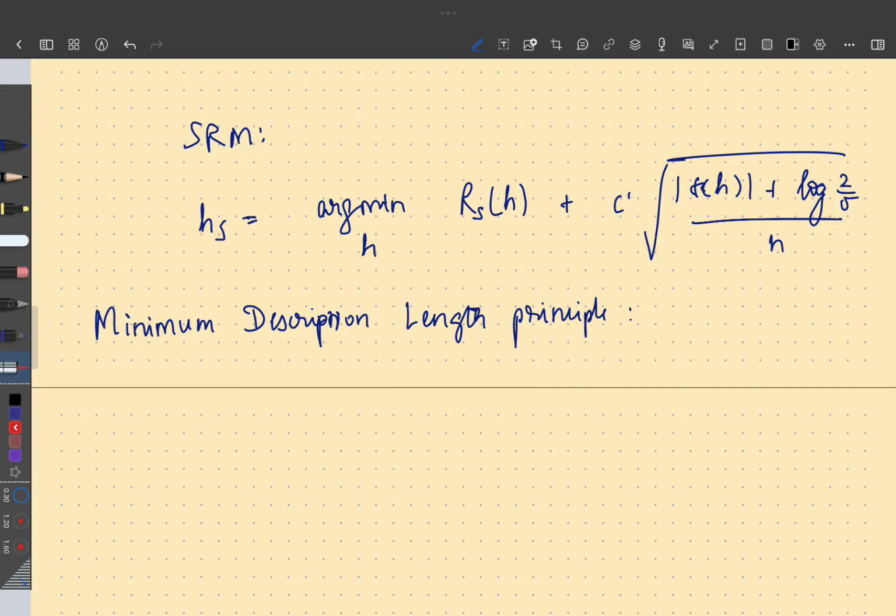For example, the class of polynomial classifiers. Because you can look at the subclass of polynomials of degree at most k. The kth subclass is the subclass of all possible polynomial predictors of degree at most k. Each of those has finite VC dimension. But if you take the union of all of them, then it has infinite VC dimension.